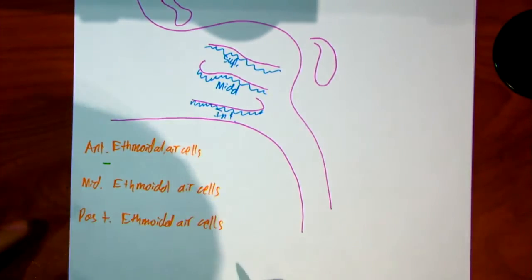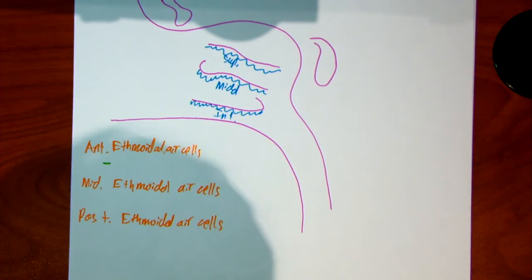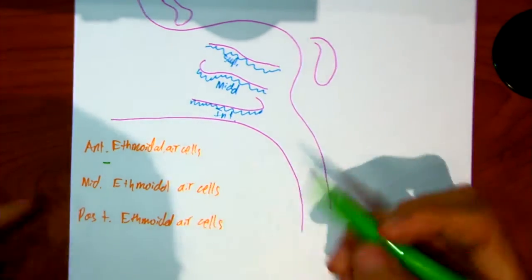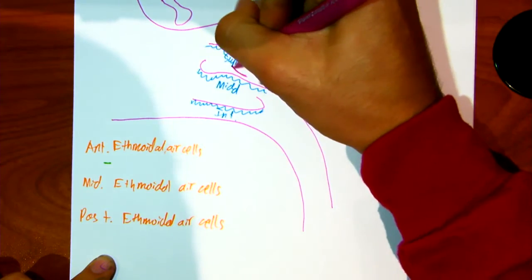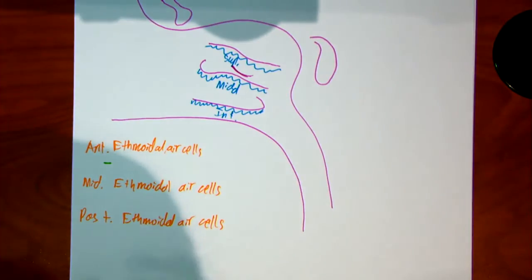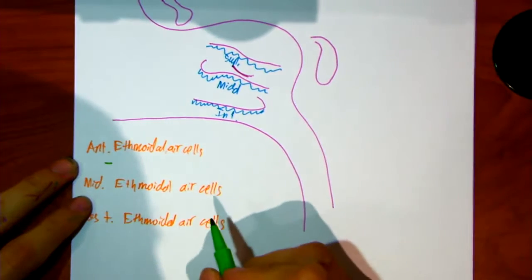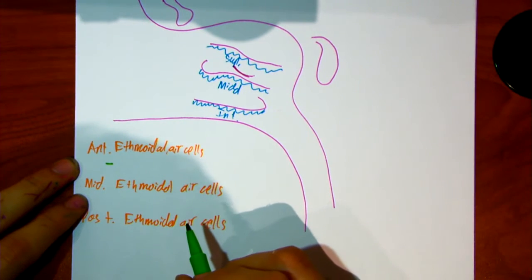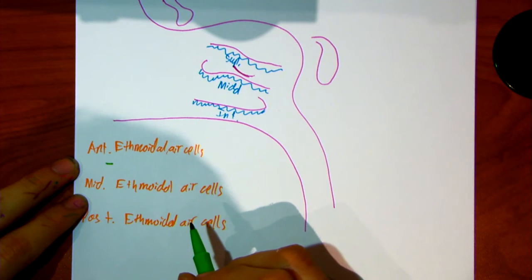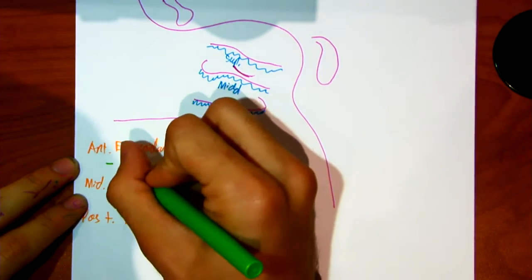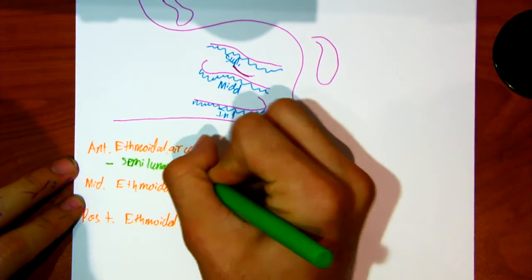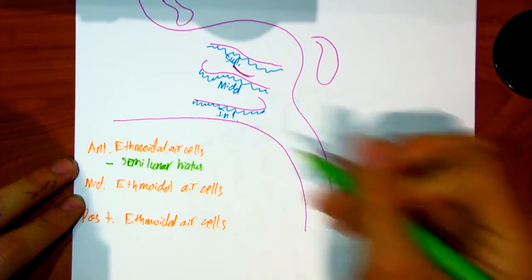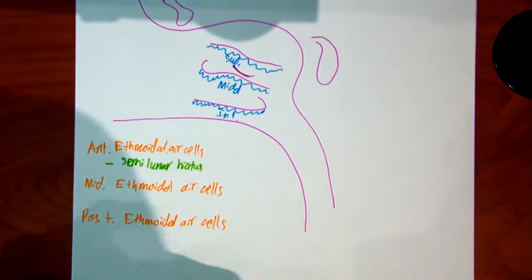The anterior ethmoidal air cell drains into the semilunar canal, or semilunar hiatus.